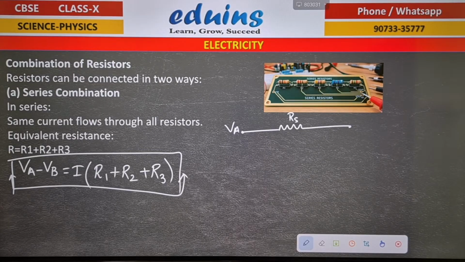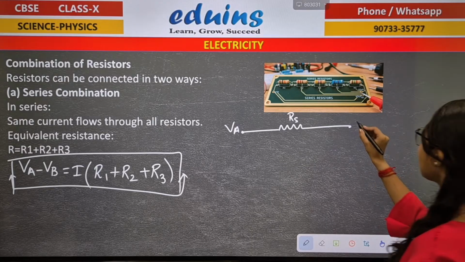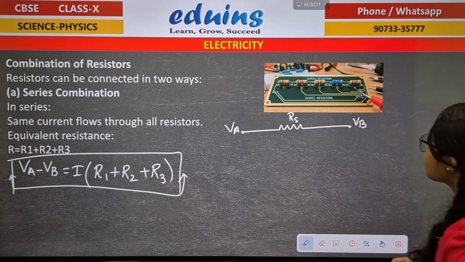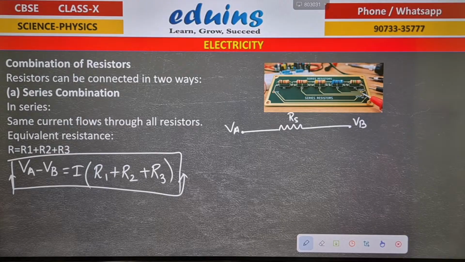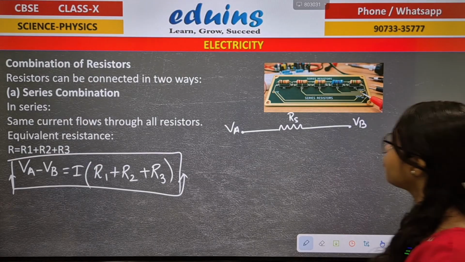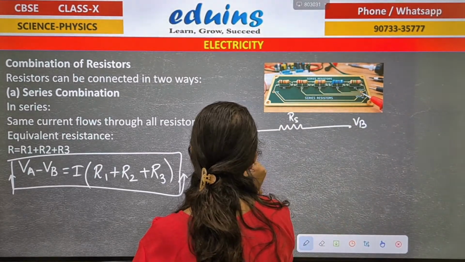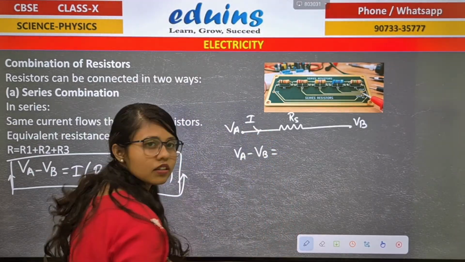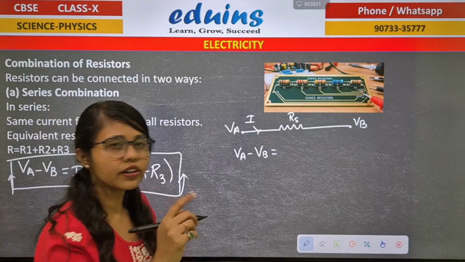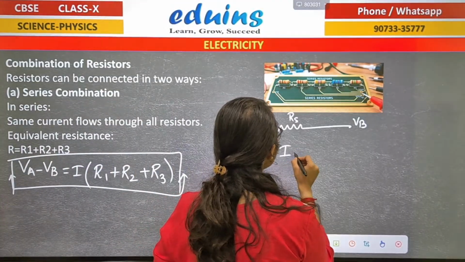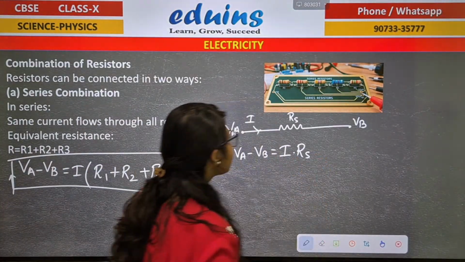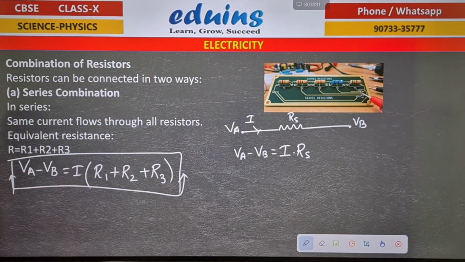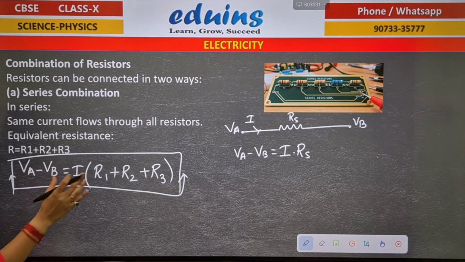So here we take the RS resistance, that is the equivalent resistance, and these are the two terminal potentials, VA and VB. From Ohm's law, VA minus VB, and the current flowing through the circuit is I, as we know from the previous circuit. So here I times RS, this is the equivalent resistance.